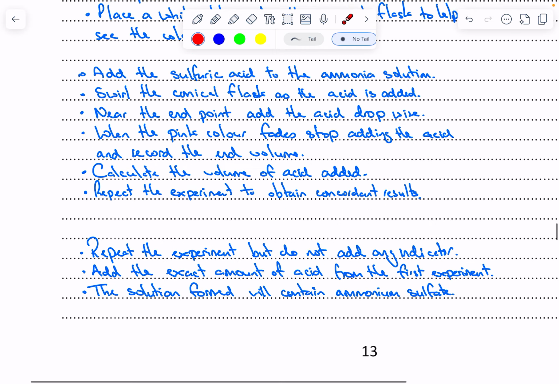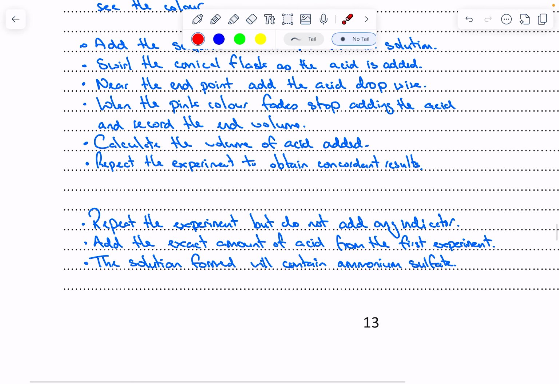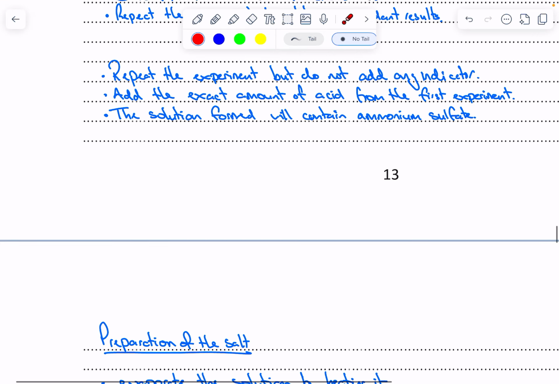Then, to get the pure sample, we'd repeat this experiment, but we do not put any indicator into the conical flask. We would add the exact amount of acid that we worked out from this experiment, and at the end of that, the solution that we formed contains ammonium sulfate and no indicator is present. So that's our pure salt formed, but now what we need to do is get the salt out of that particular solution.